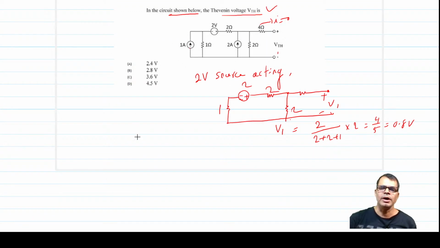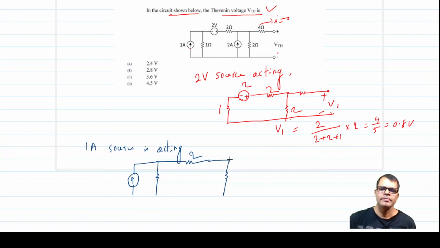Now only the 1 ampere current source is acting. The voltage source will be short, the current source will be open.